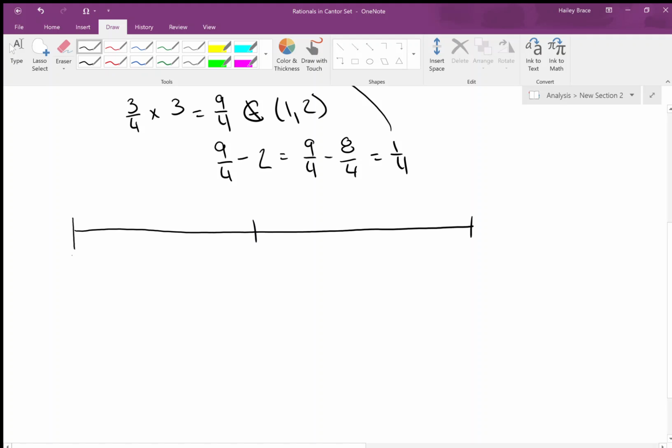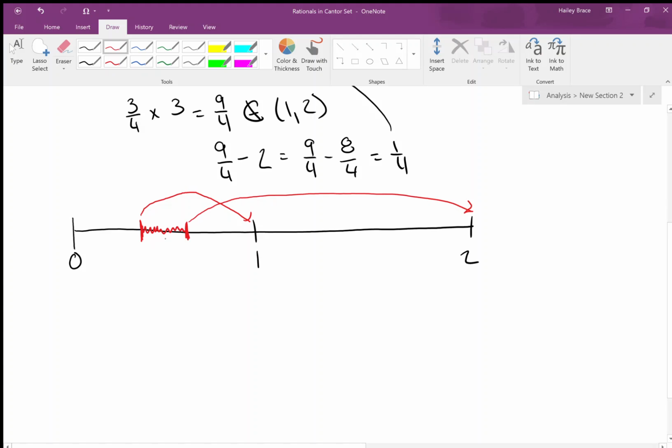So here's the interval 0 to 1, and then here's the interval 1 to 2. And what this rule is doing is saying, here's this middle third that we know we're going to delete, and all these things are not going to be in the Cantor set. So let's look at what happens if we multiply the endpoints of this by 3. 1/3 times 3 is 1, and 2/3 goes over here to 2.